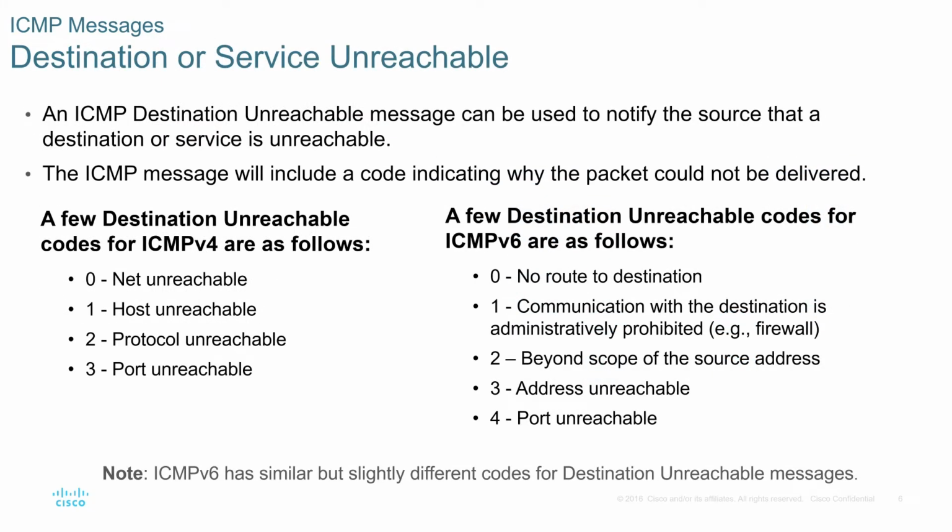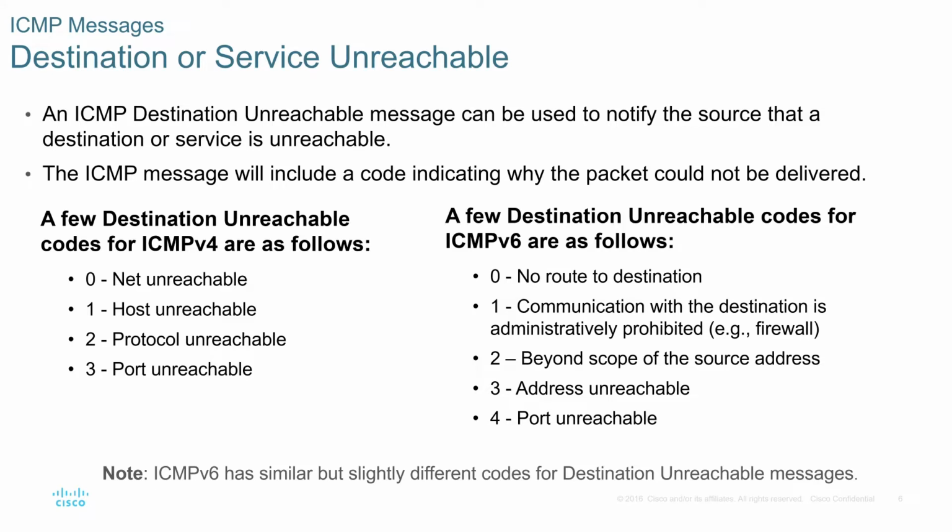It can also tell us that either a destination or a service is unreachable. An ICMP destination unreachable message can be used to notify the source that a destination or a service is unreachable. The codes will indicate what the problem is.